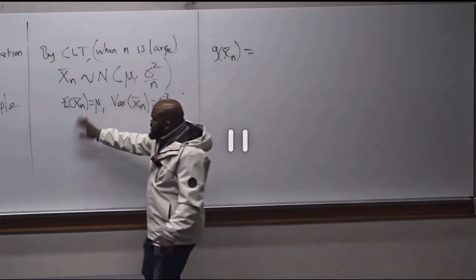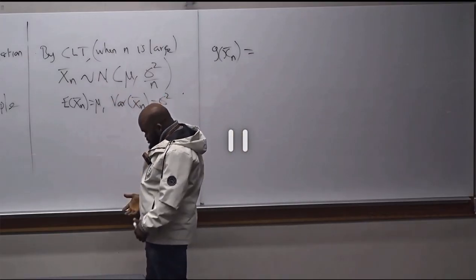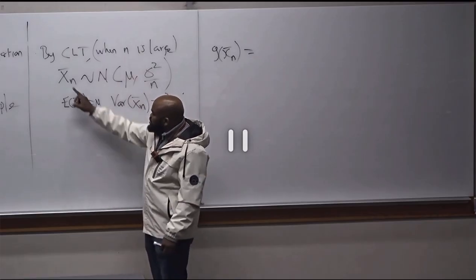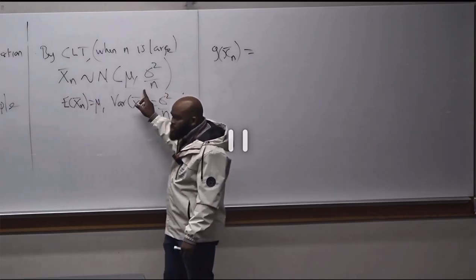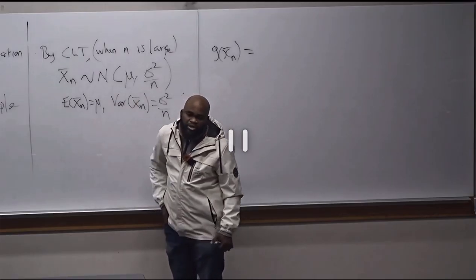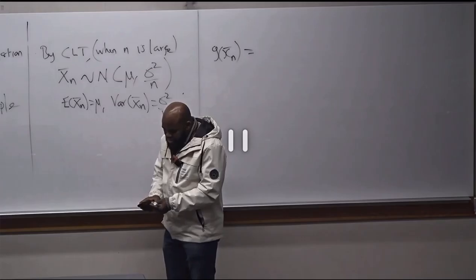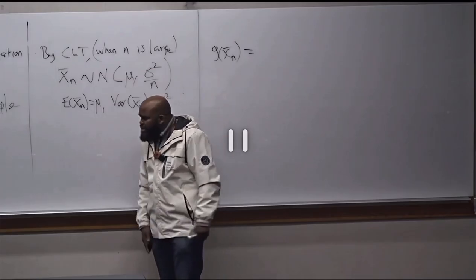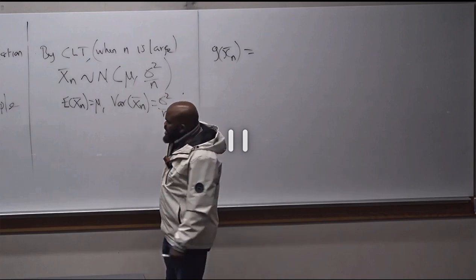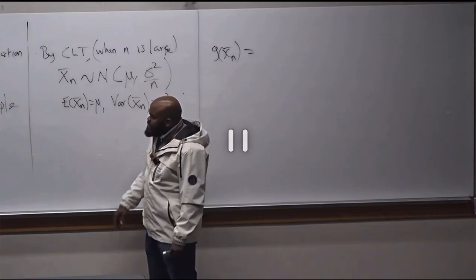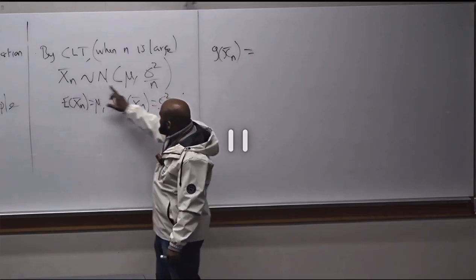By central limit theorem, we understand that when n is large, the distribution of this is going to follow normal, even if sampled from a non-normal population. Even if I have it from exponential, or gamma, or beta, or whatever distribution, we believe that when n is large, the mean will follow a normal distribution.